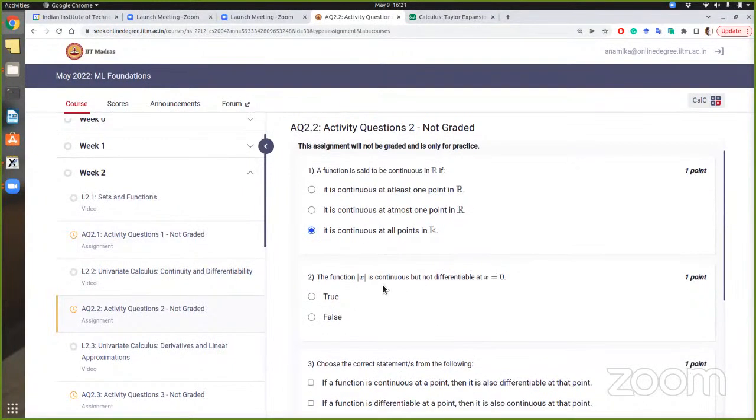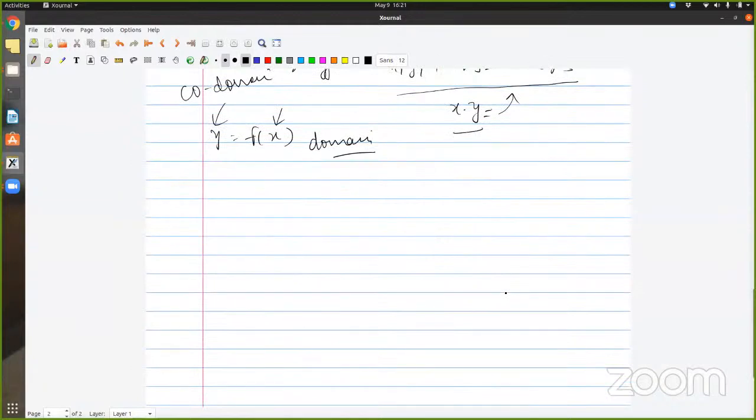Okay, next one. The function absolute x is continuous but not differentiable at x equal to 0. How do we visualize absolute x? If x is negative, then mod x is equal to minus x, and if x is positive, then mod x is equal to positive x. Correct.